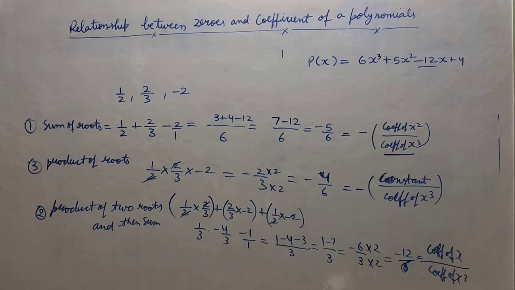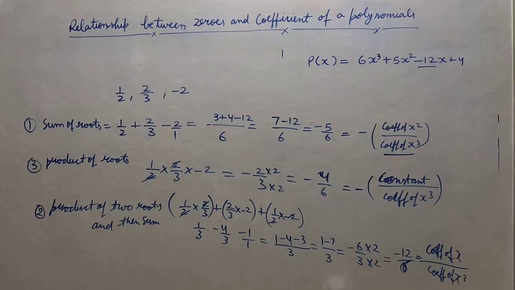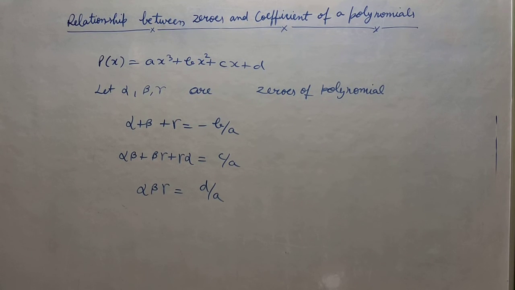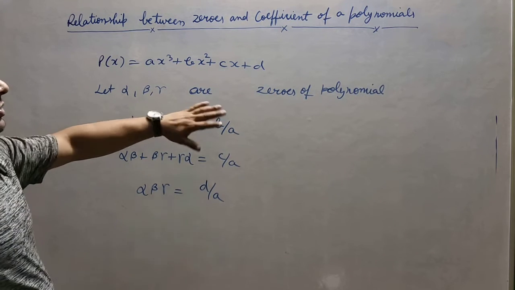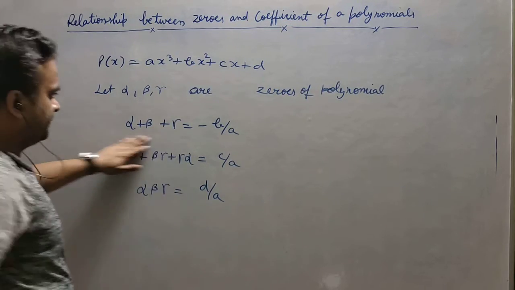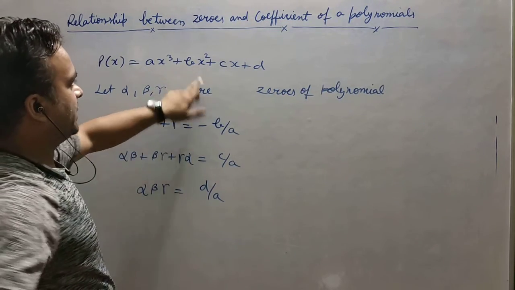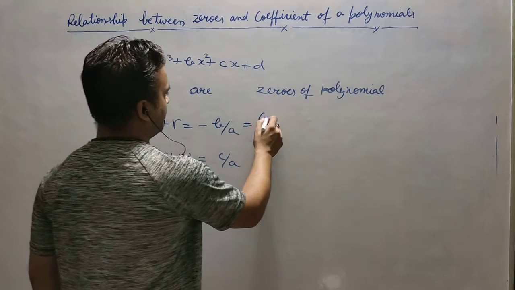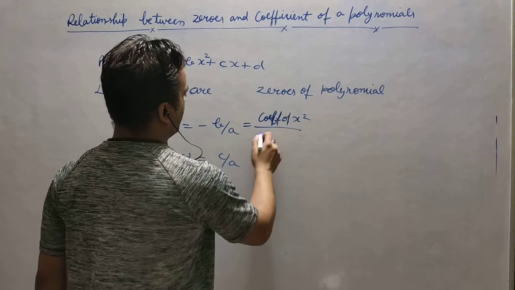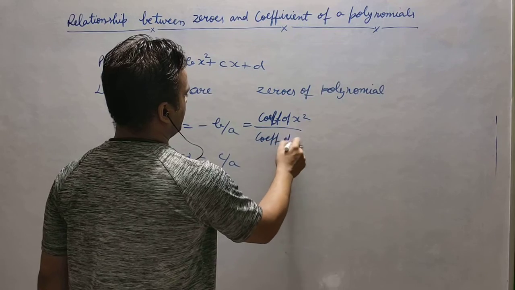Now class, I am taking you to general form of this cubic polynomial. So this is the general cubic polynomial. Ax cube plus bx square plus cx plus d, and alpha, beta, gamma are the zeros of the polynomial. So we know that the sum of the roots is equal to minus the coefficient of x square upon coefficient of x cube.